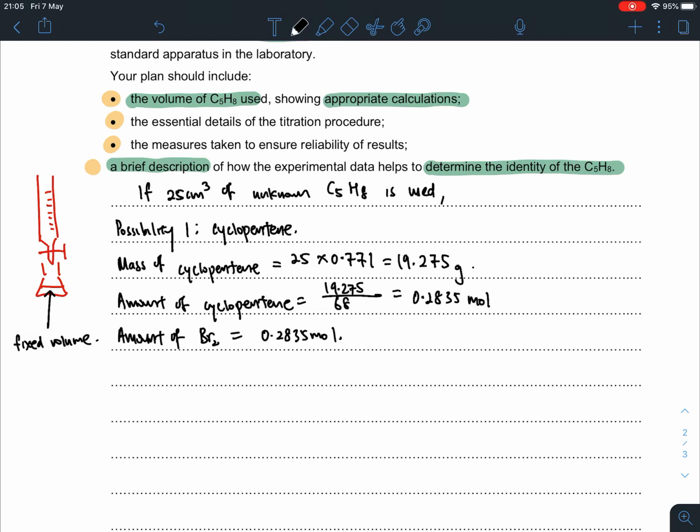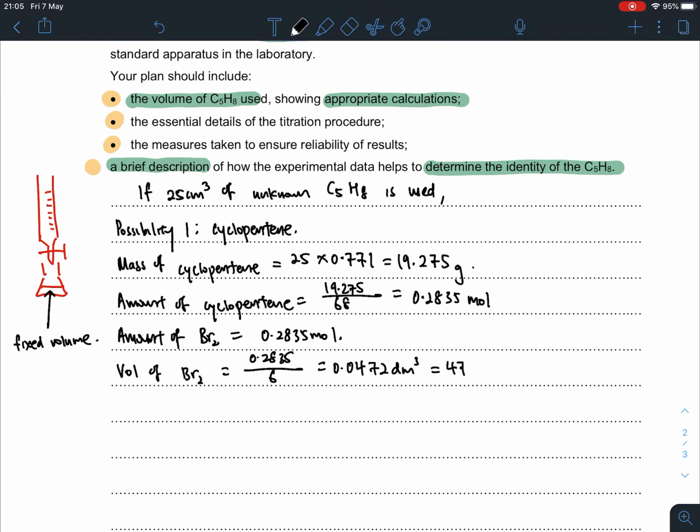And that would mean that if I were to use 25 cm3 of C5H8, the volume of Br2 would be equivalent to the amount divided by the concentration, and that will give me 0.0472 dm cube.